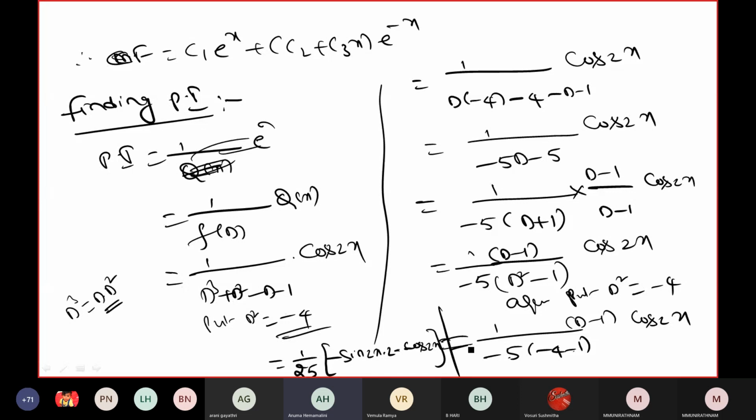Okay now. So that is nothing but PI, we have minus 2 by 25 sin 2x minus 1 by 25 cos 2x. ఇంతవరకు correct నా? Any doubts please?